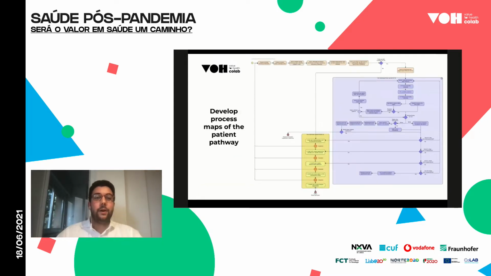The second step has to do with the development of the process map of the patient pathway. To do so, we conducted several meetings with hospital staff, doctors, nurses, clinical action assistants, and we were able to design this path and to locate the different resources used in each operation.